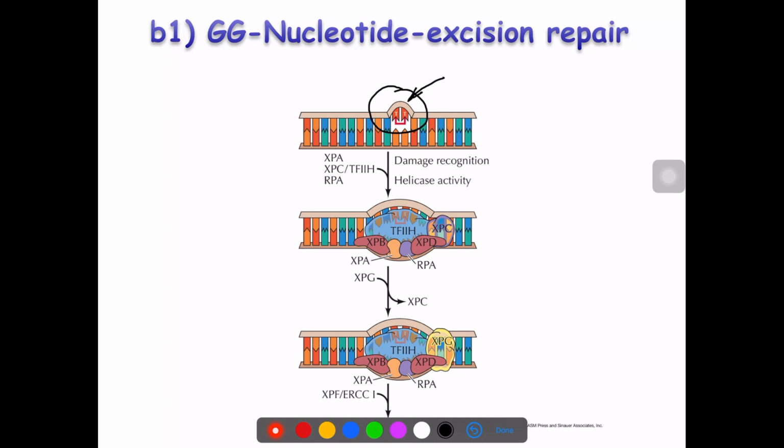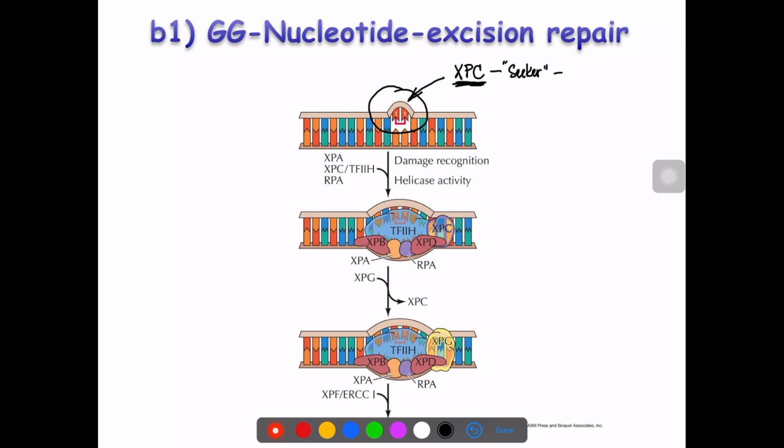And that is the job of xeroderma pigmentosum C. So think of C as the seeker, the protein that seeks for the damage, the one that is searching through the DNA for that kind of damage. So C, seeker. Xeroderma pigmentosum C is the seeker, the one that seeks for the damage.